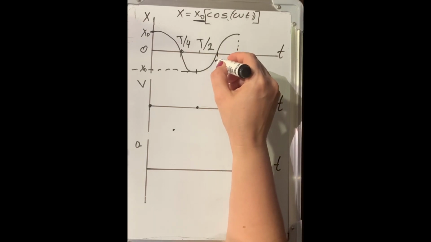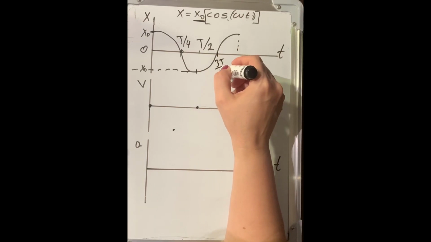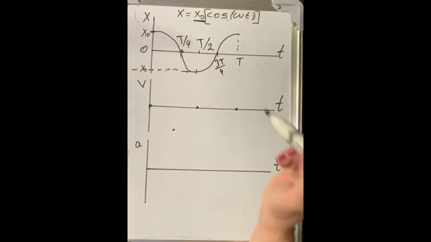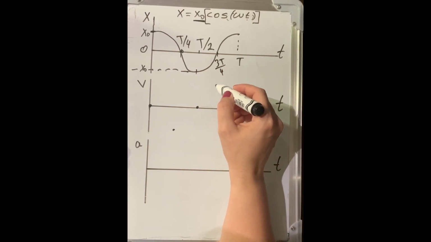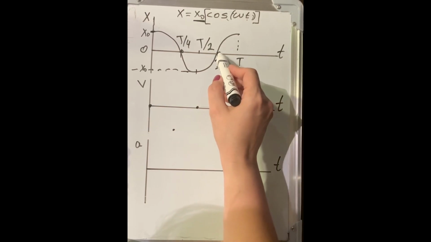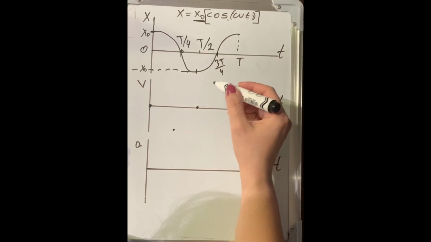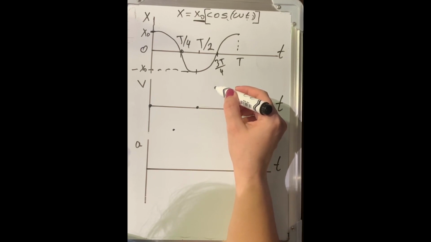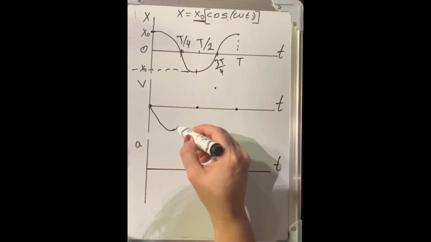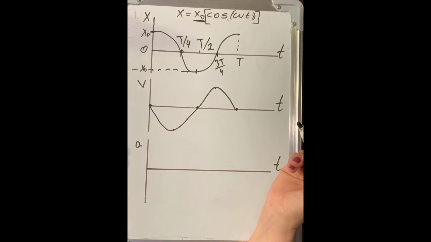And at 3/4 of the period, the motion is again passing through the equilibrium position, this time going forward, so maximum velocity forward. If you connect those points, this gives you a sine function.